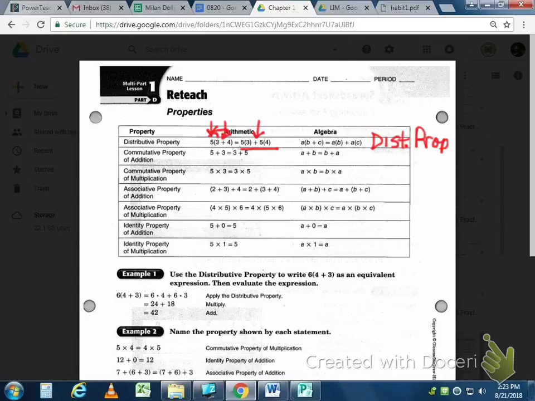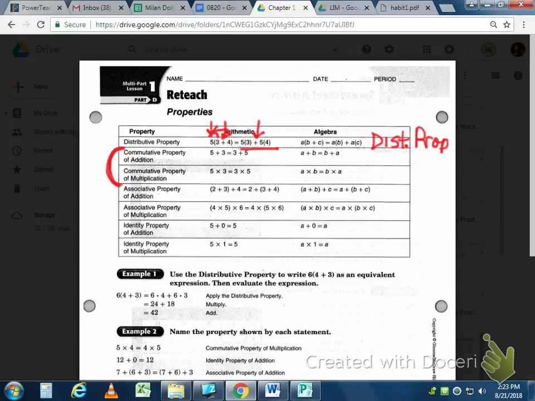Next, we're going to look at commutative property. Okay, there's two of them, because commutative property works for addition and it also works for multiplication. When somebody commutes to work or commutes to school, they drive back and forth. So commutative property, think of it as going back and forth. You can go in either order and you get the same result.